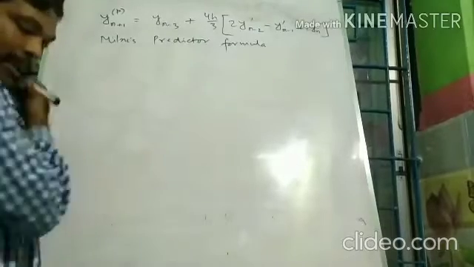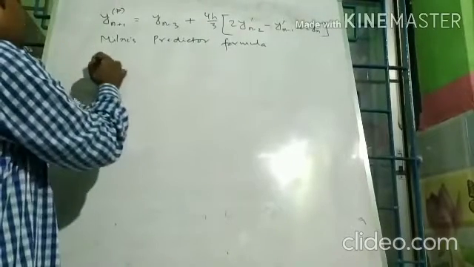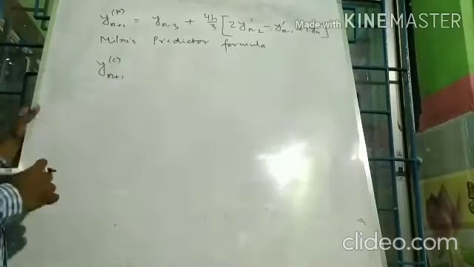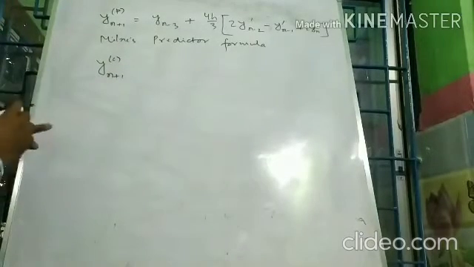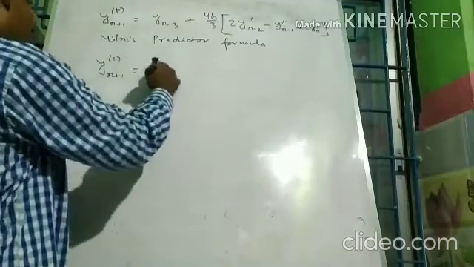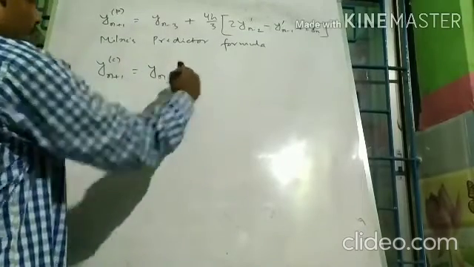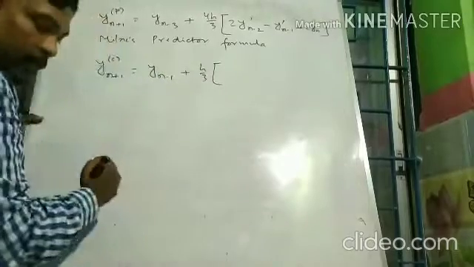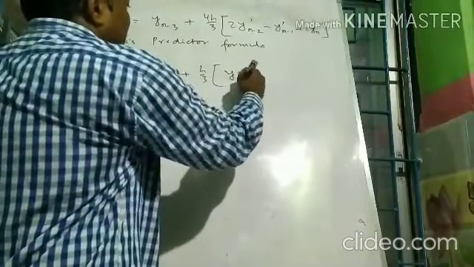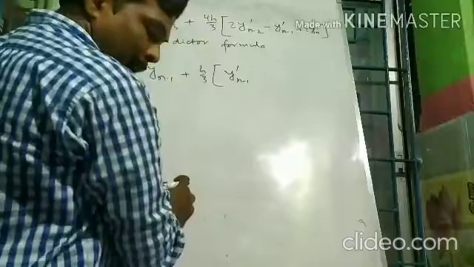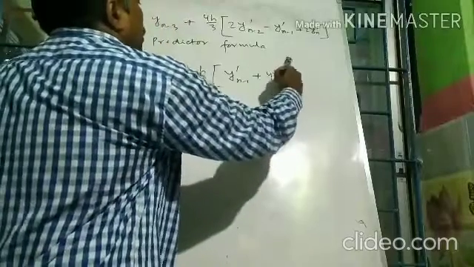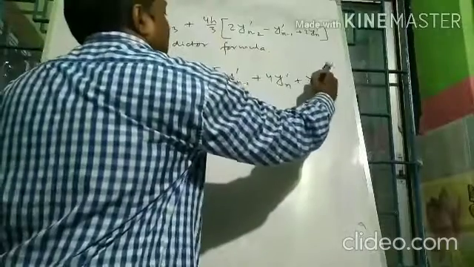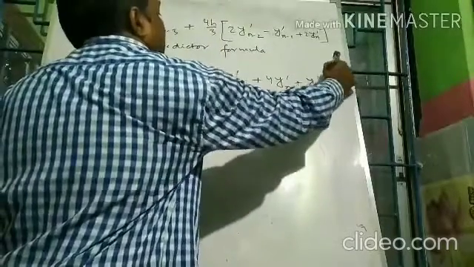Now write the corrector formula. Yn plus 1 c, the corrected value of yn plus 1, equals yn minus 1 plus h by 3 times (yn minus 1 prime plus 4yn prime plus yn plus 1 prime).